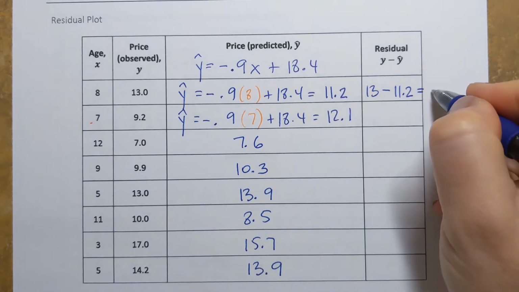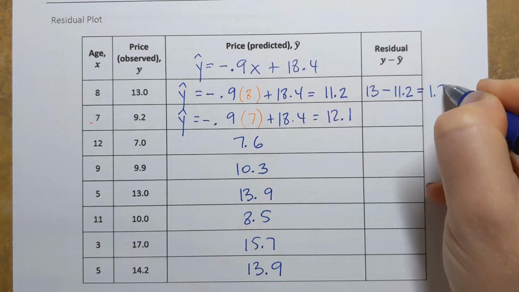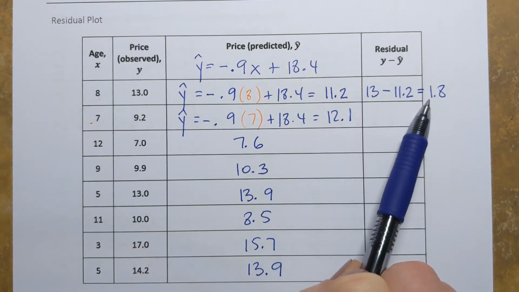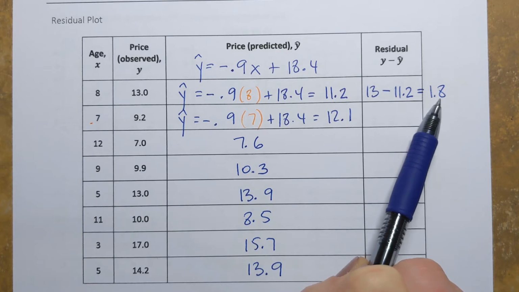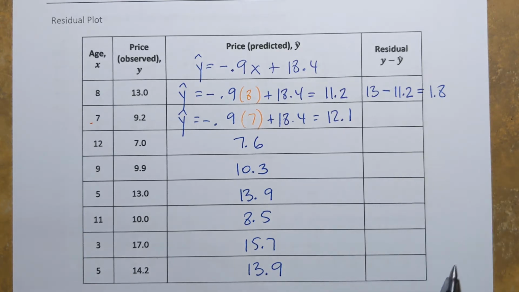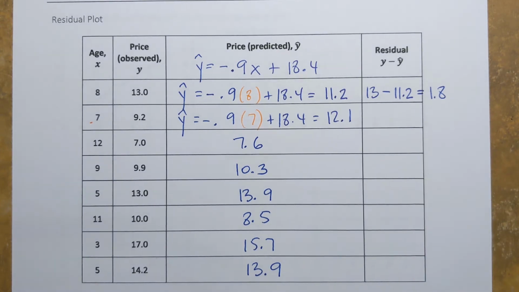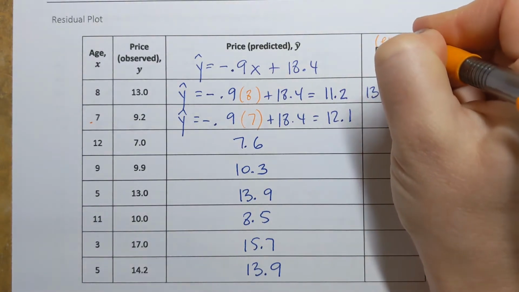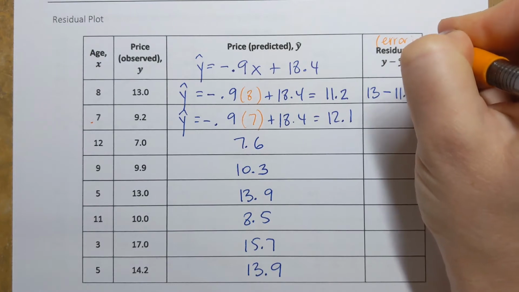The underestimation is 1.8. By the way, these are prices in thousands of dollars, so that's $1,800. That's underestimation, and that's what we call a residual. I'll make a note here that that's another word for an error in estimation.